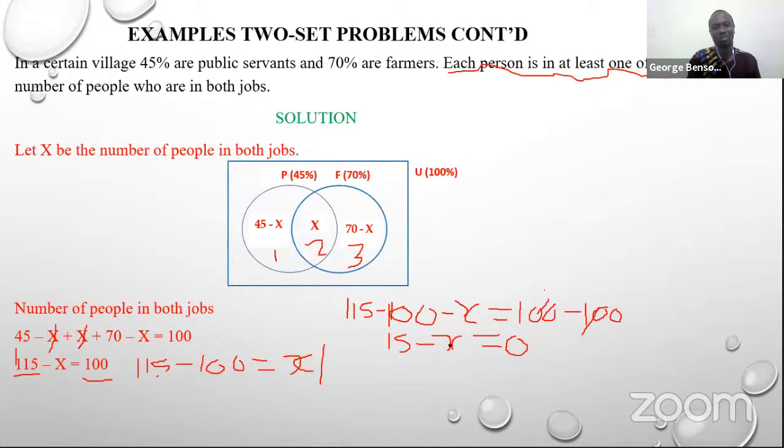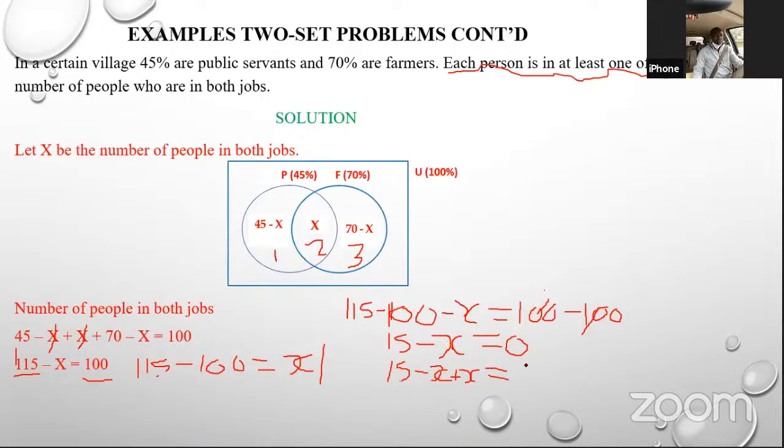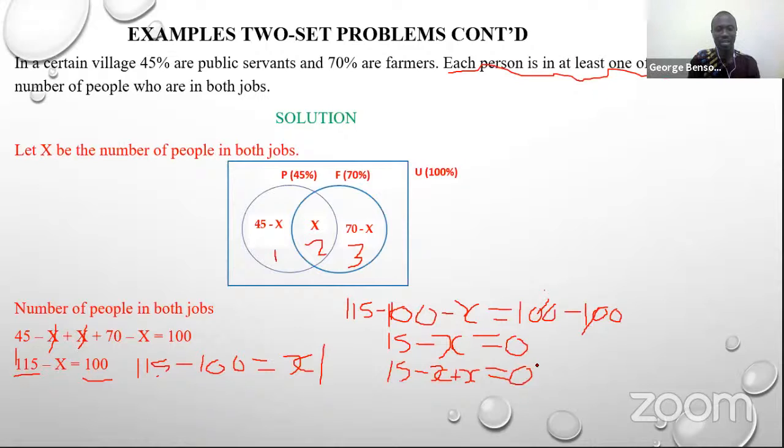Is that okay? So I've managed to take out my 100. Now it's left with the x. So I now do 15 minus x plus x is equal to 0 plus x.